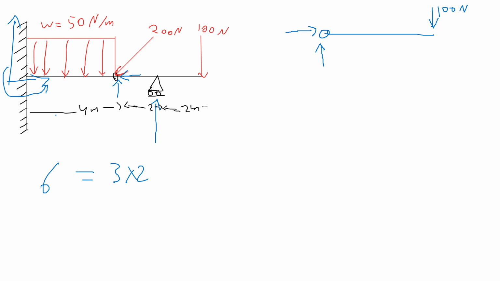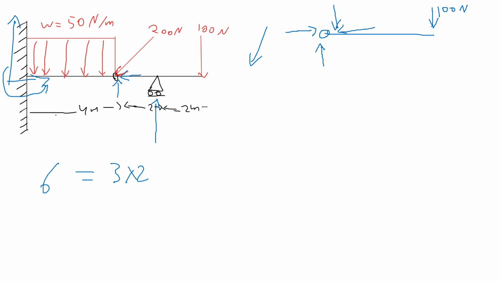And this force that comes like this, we're going to analyze it, and it's going to be in these directions. A force is going to be this direction, and a force is going to be this direction.